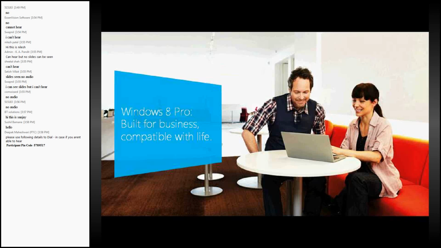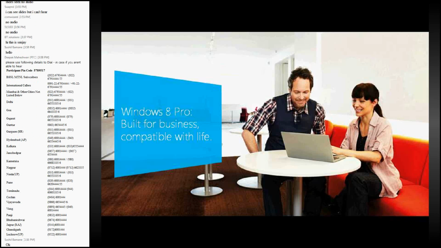We had Windows 7. That was a great operating system, right? We are right now introducing Windows 8 Pro, which delivers a new level of integration, security, and productivity, all without sacrificing performance or choice. So Windows 8 Professional is built for business and compatible with life.